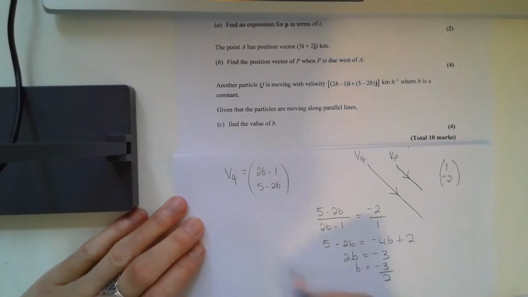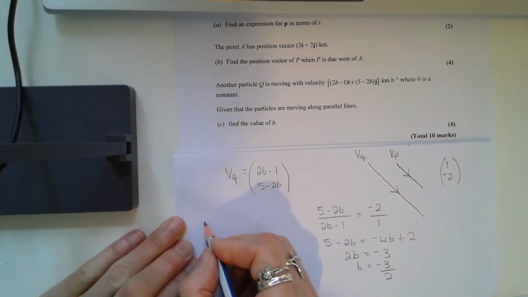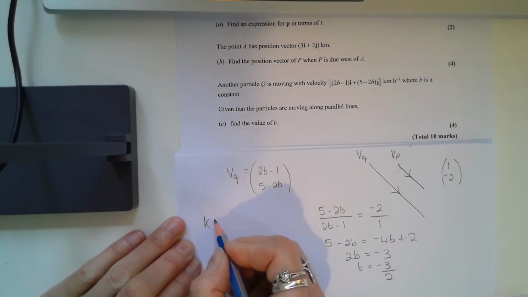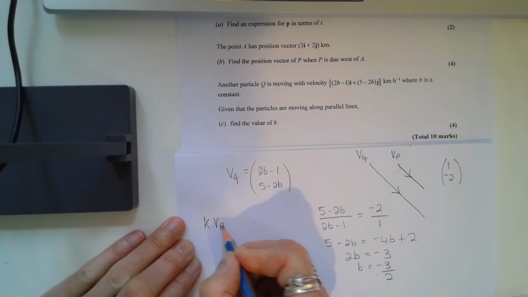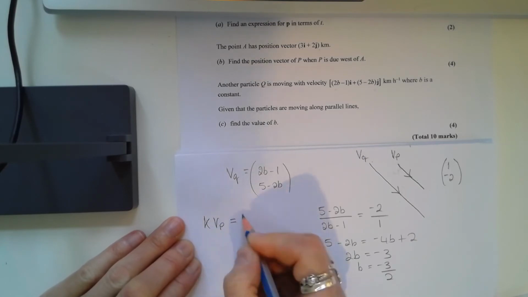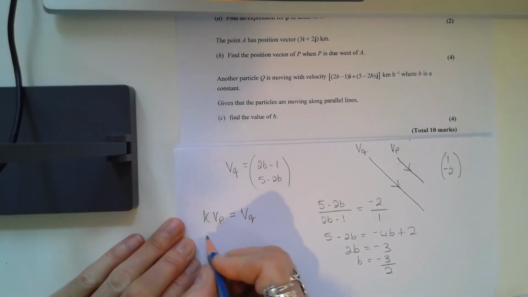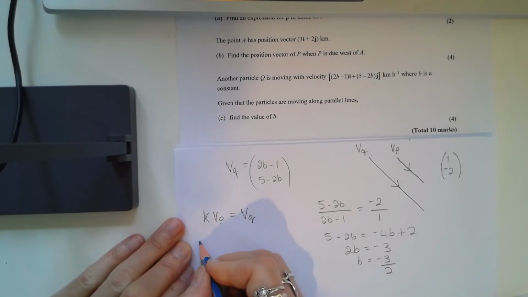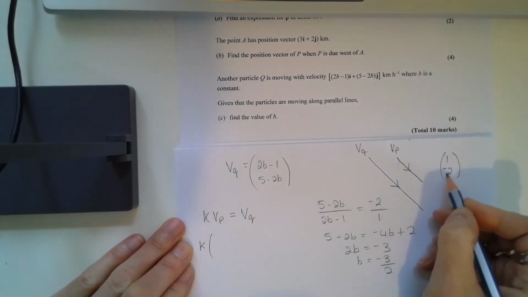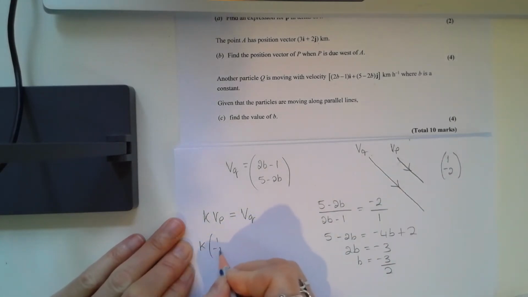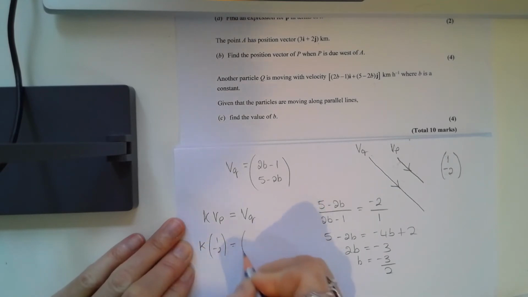You can do this by using the fact that if one velocity is a scalar multiple of the other, the velocity of p multiplied by a number will give you the velocity of q. So some of you may have done that by simultaneous equations. So k multiplied by the velocity of p equals the velocity of q. So then you can just equate coefficients.